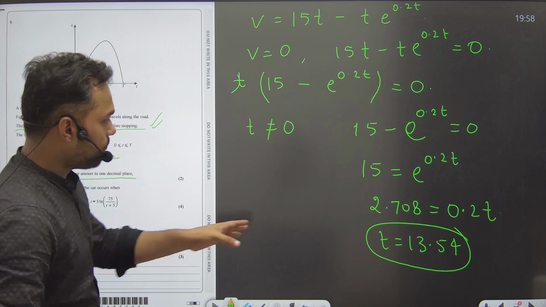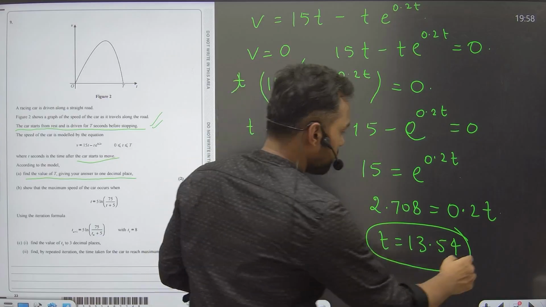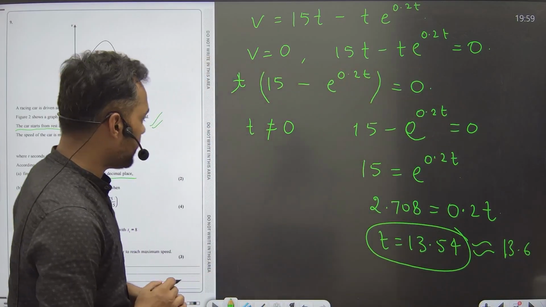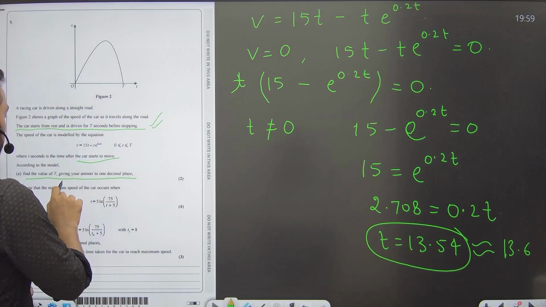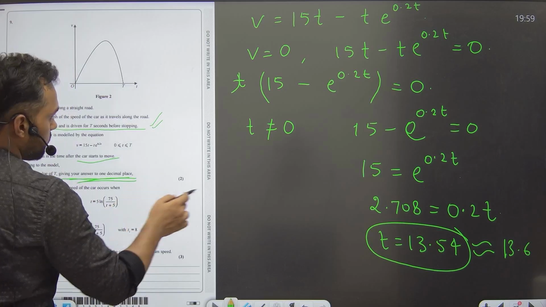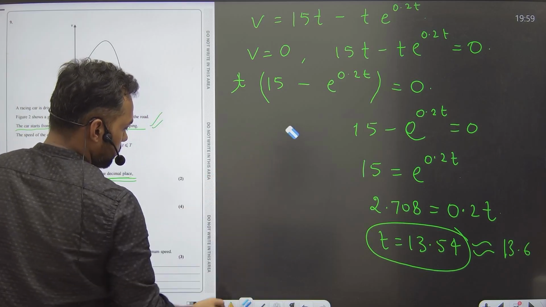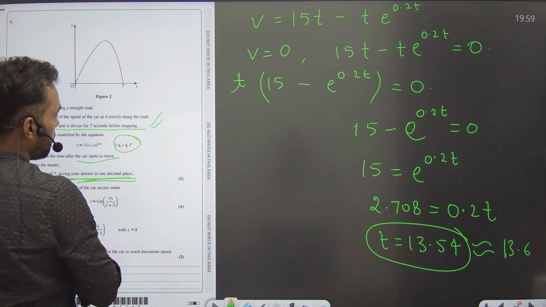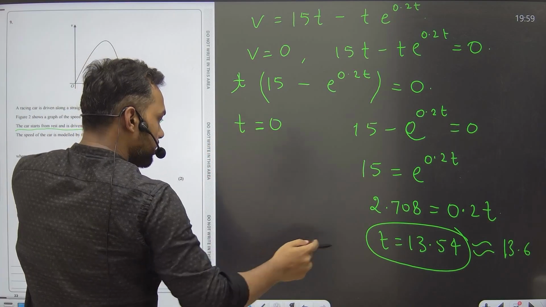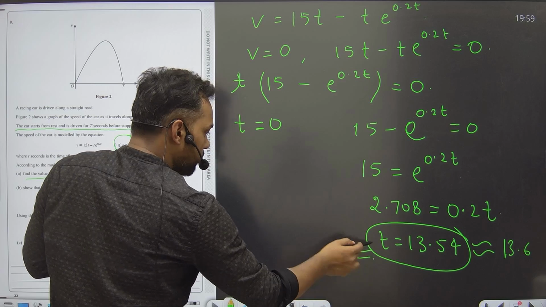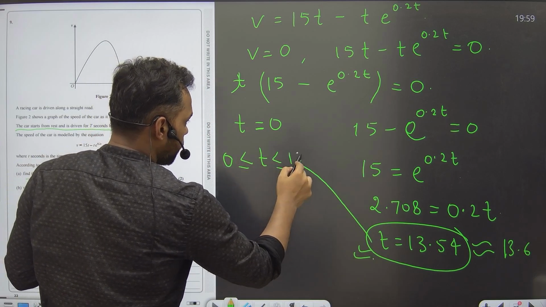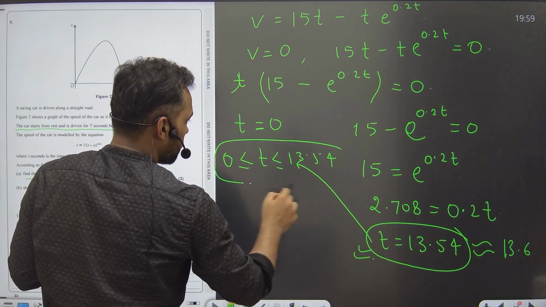So we can say this will be approximately 13.6 seconds, giving the value of t to 1 decimal place. Already it was mentioned, student, that t is greater than or equal to 0. So t can also be 0, and the largest value we have found, so t will lie between 0 and 13.54. Okay, this was our value.